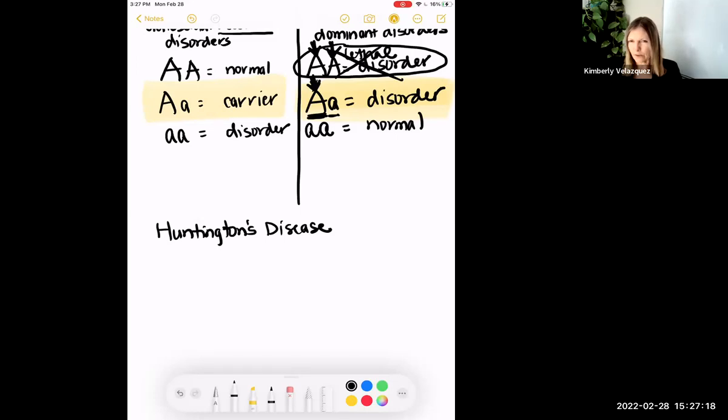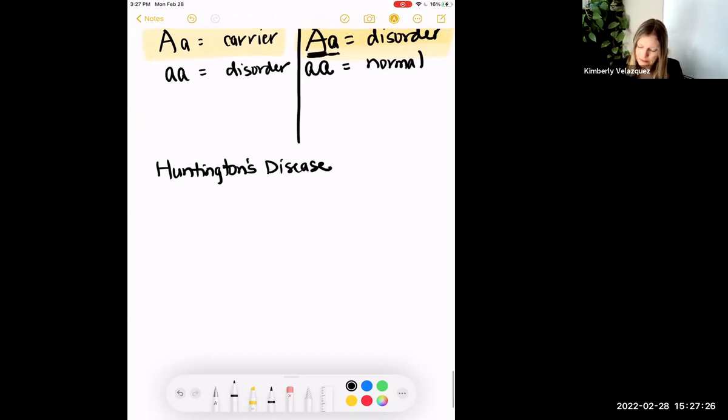So these people have signs of dementia pretty early on, but they also lose coordination of their body. Huntington's disease is autosomal dominant. In other words, it's an autosomal dominant disorder.